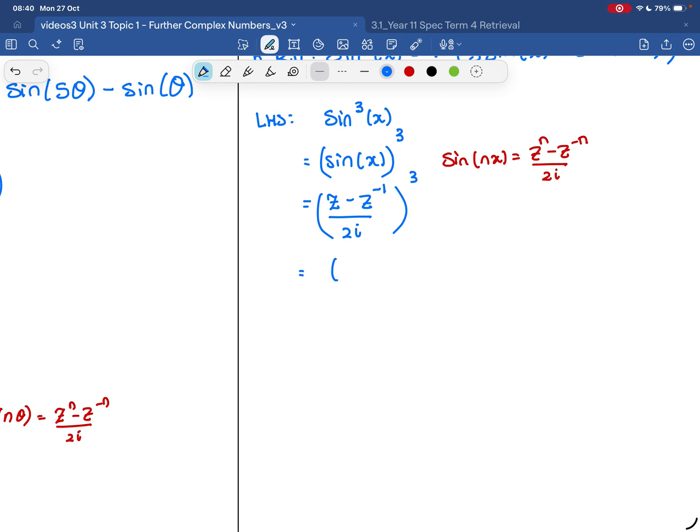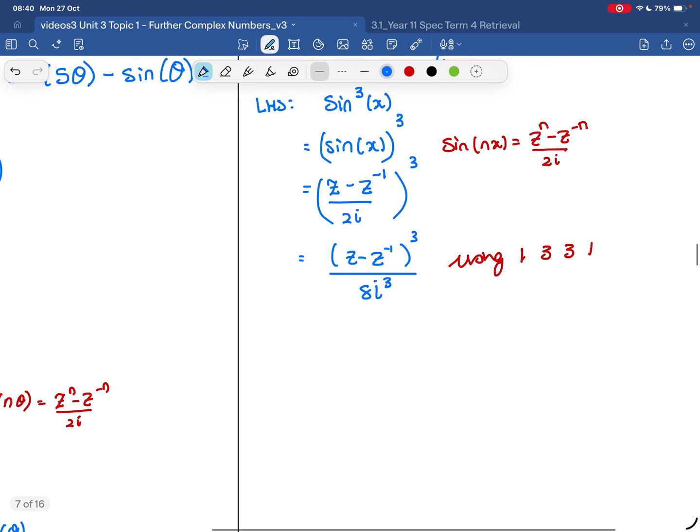And so I could write that as z minus z to the negative 1 cubed over 8i cubed. And to expand that, I'm going to use Pascal's triangle and 1, 3, 3, 1.